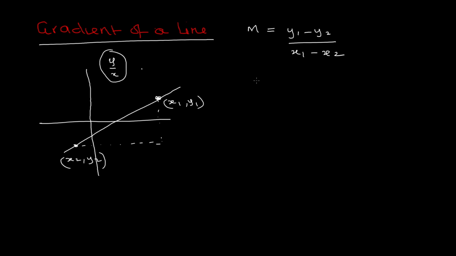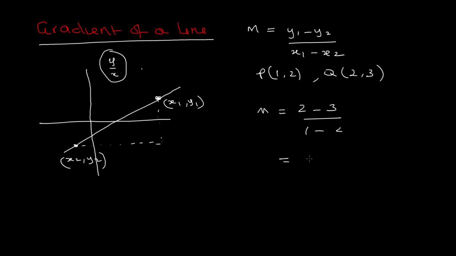Okay, so for example, if I've got 2 points, P which is (1, 2), and then Q, which is (2, 3), and I take this as my first point and that as my second point, our gradient is going to be y1, which is 2, minus y2, which is 3, over the x, which is going to be 1 minus 2.